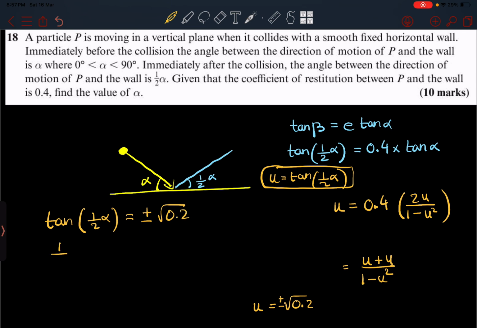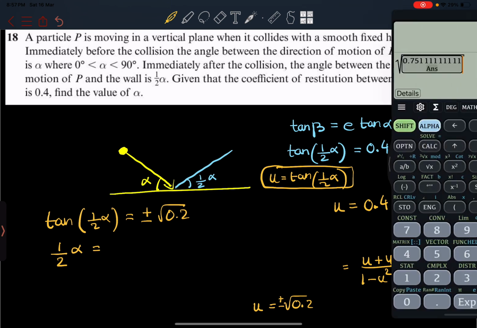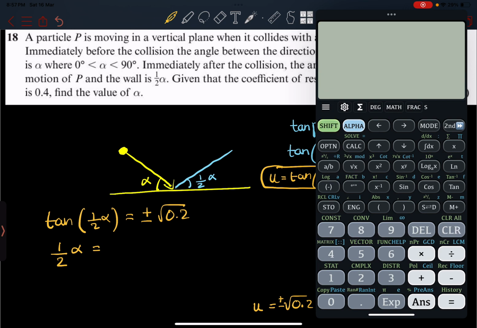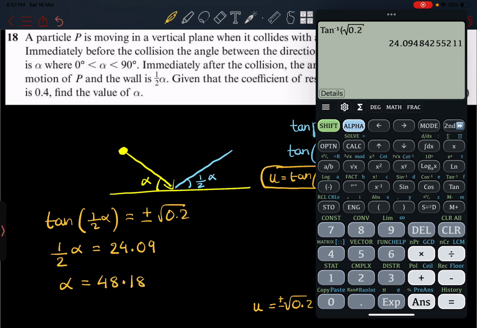So half alpha, the first possible option, is inverse tan of square root 0.2, and that is 24.09. That means alpha is 48.18 degrees. So that's 48.2 degrees to 3 significant figures. That is one possible option.